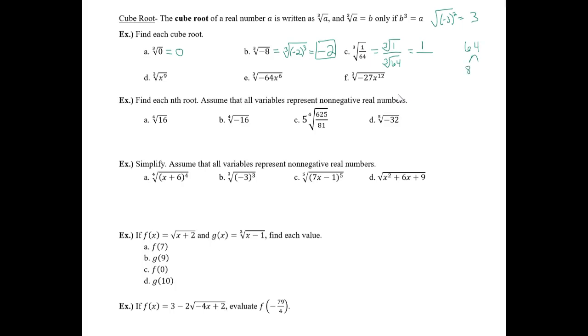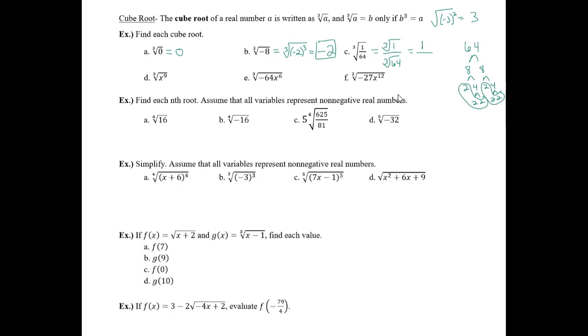64 is 8 times 8, and 8 is 2 times 4, and 4 is 2 times 2. So what times itself 3 times would give us 64? Well, I have a set of 3 numbers here, and a set of 3 numbers here.